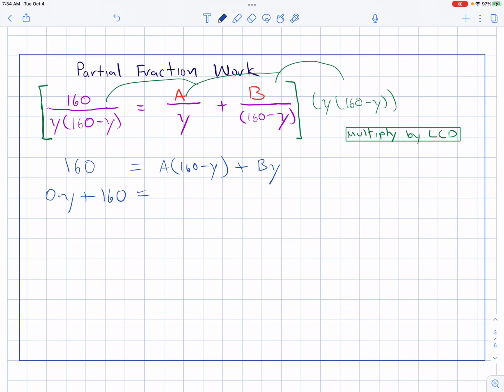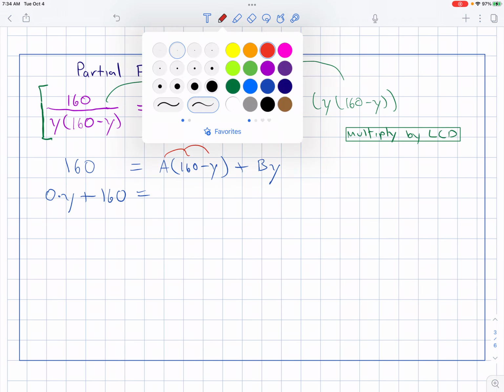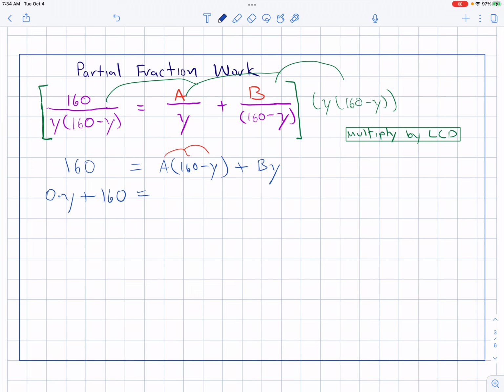And then on the right side, after distributing, and I'm going to skip that step just due to time, when you distribute and rearrange things to get the y's together, you can write it as negative a plus b times y, and then plus 160a.